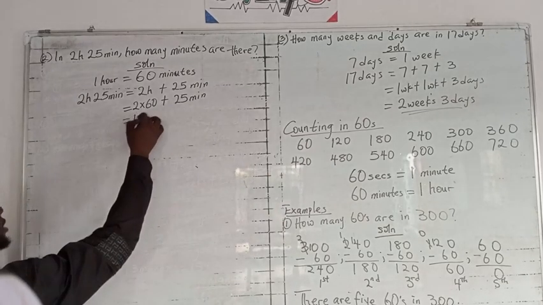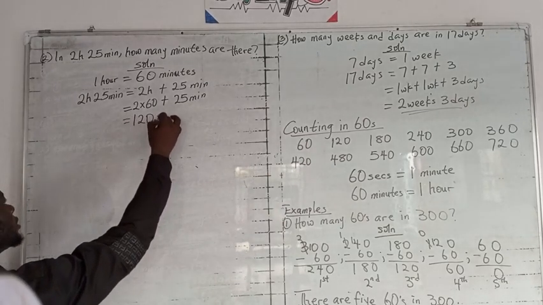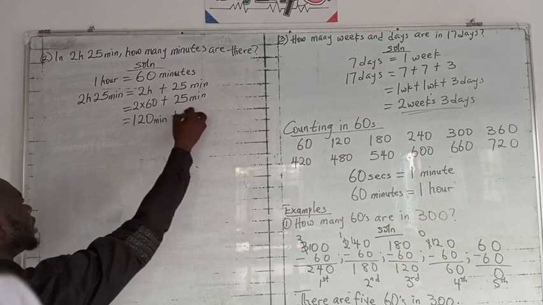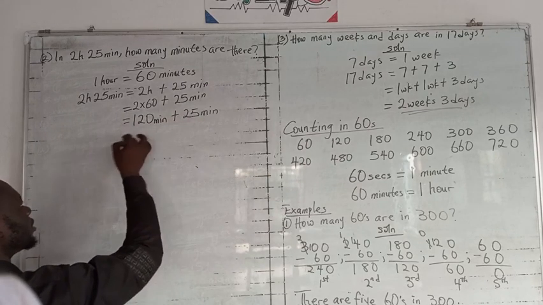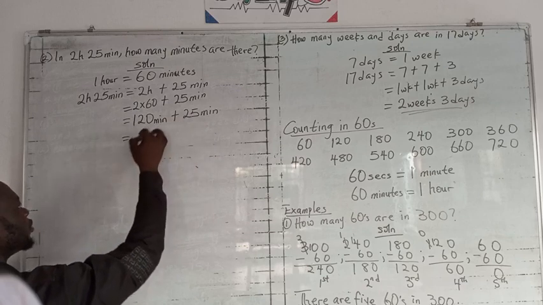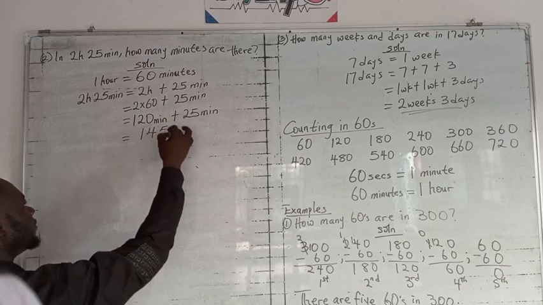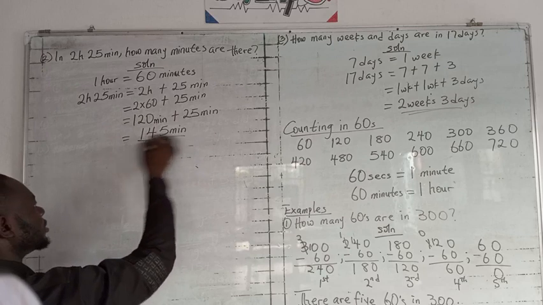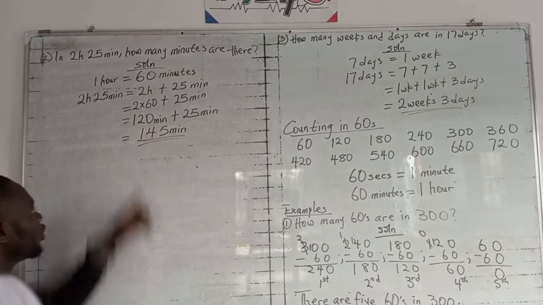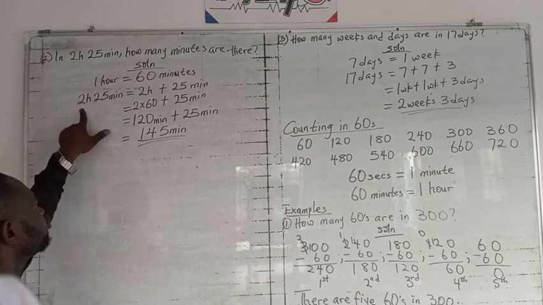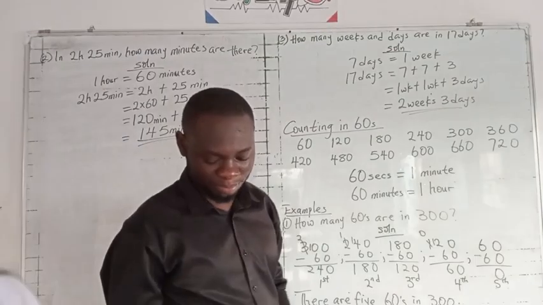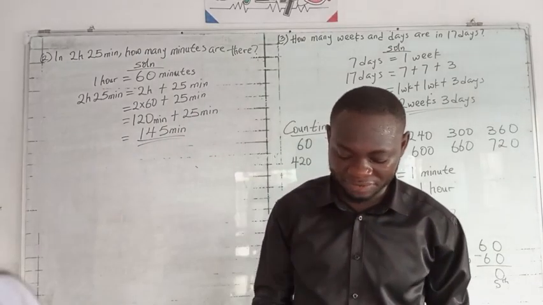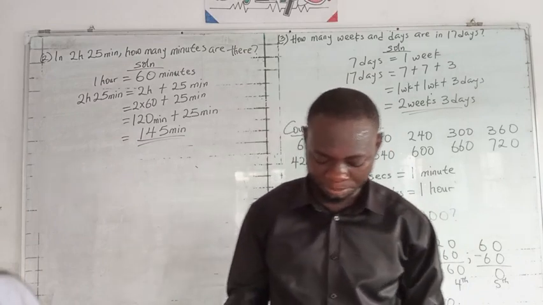So this now tells us that there are 120 minutes in 2 hours plus 25 minutes. 120 plus 25 is what? 145 minutes. So therefore, there are 145 minutes in 2 hours, 25 minutes.